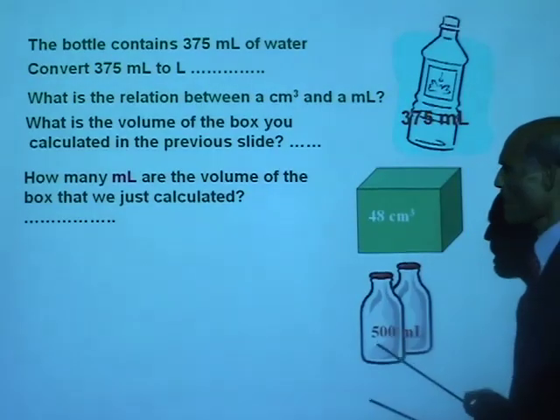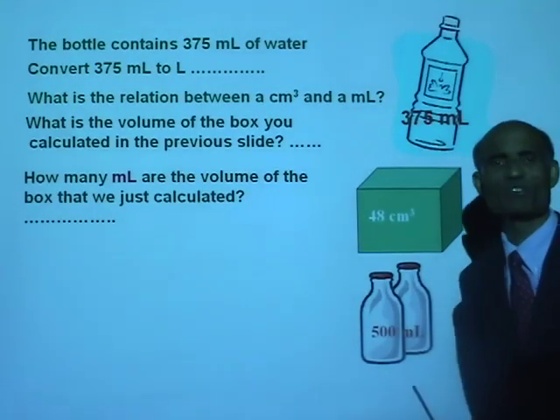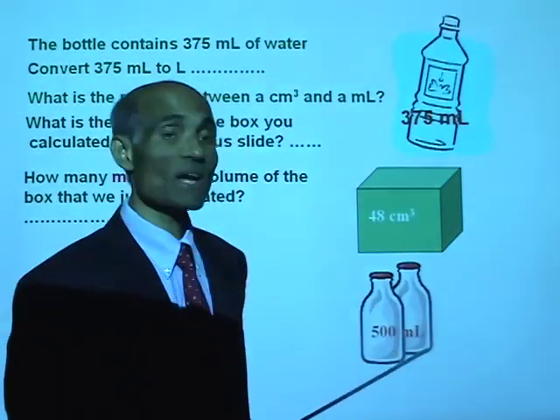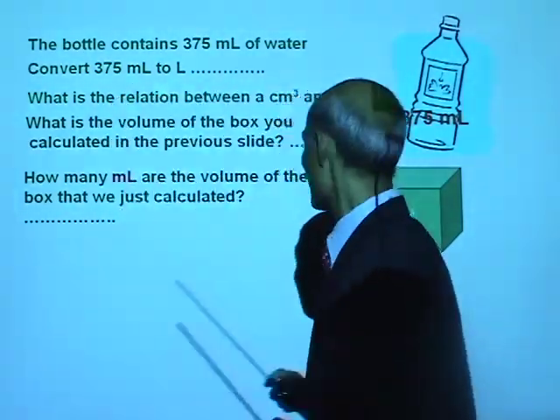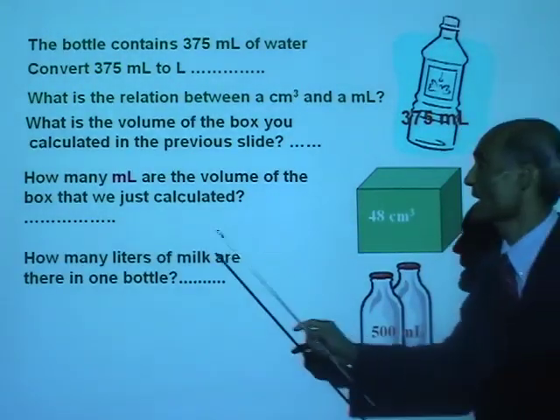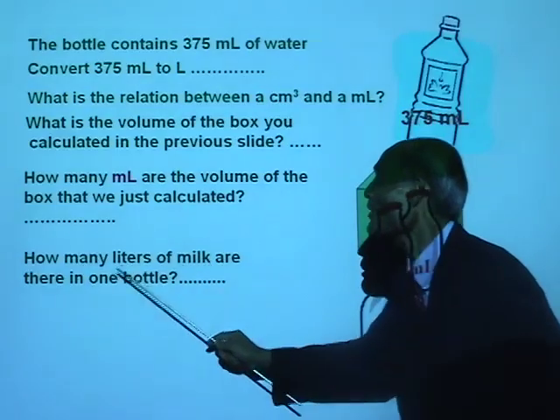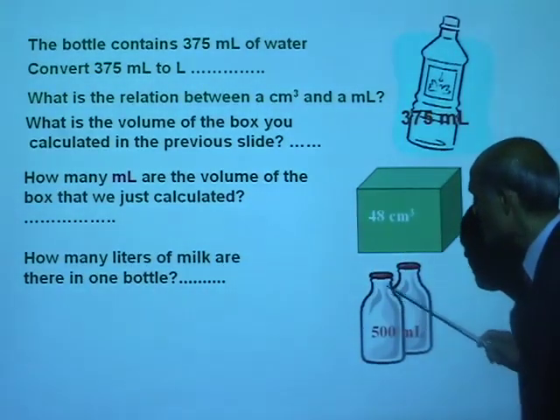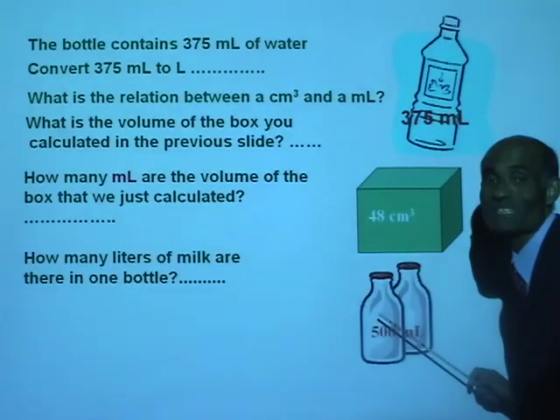Now look at the milk bottles. You don't see them in America, but if you go to England, every home in the morning will have a couple of those milk bottles there. Now 500 milliliter it says. How many liters of milk are there in one bottle? One bottle contains 500 milliliters.